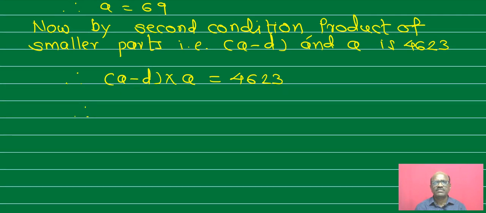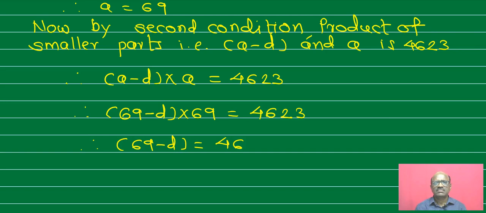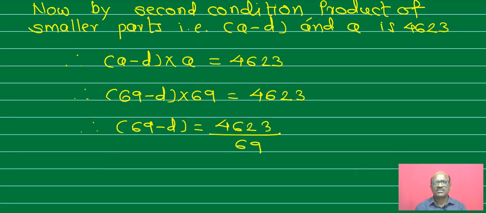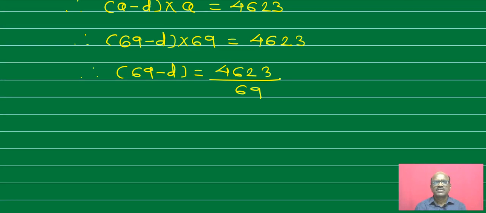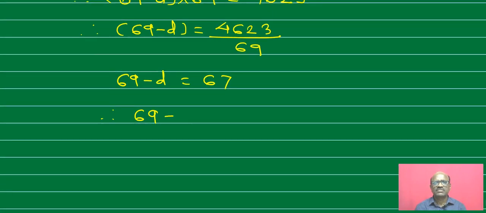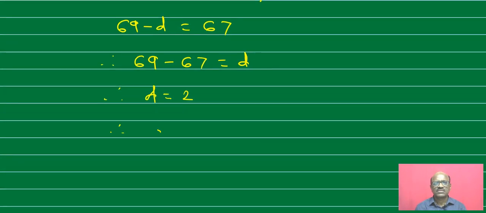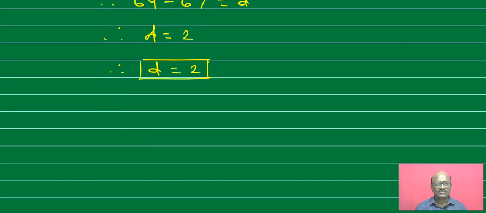Substitute the value of a, that is 69 minus d into 69 is equal to 4623. Therefore, 69 minus d is equal to 4623 upon 69, and after division, 69 minus d is equal to 67. Therefore, d is equal to 69 minus 67, that is d is equal to 2. The value of d is 2.